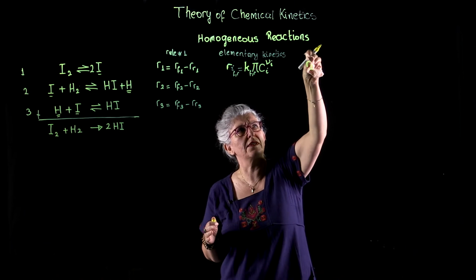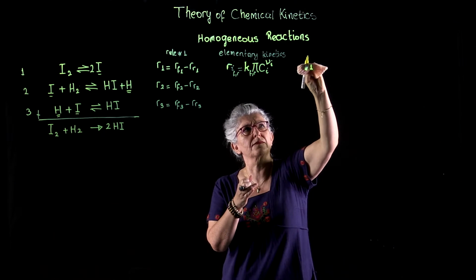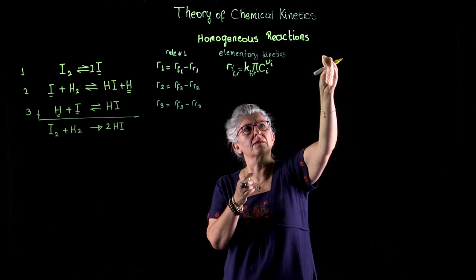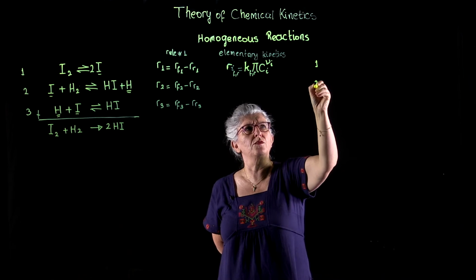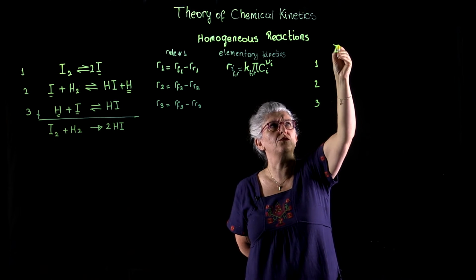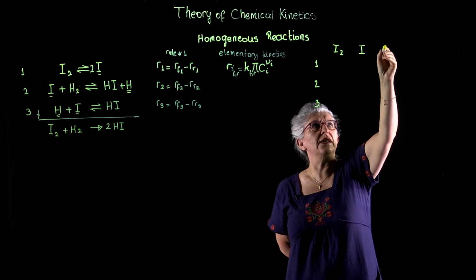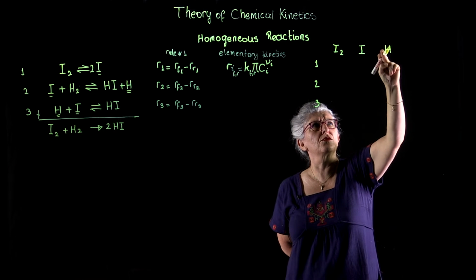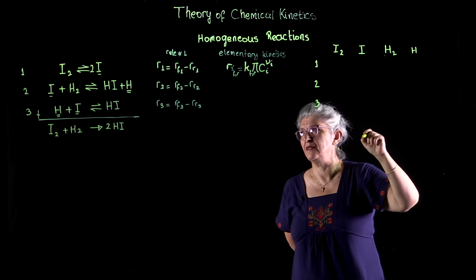Let us call these step 1, step 2, and step 3. So we have components as I2, I, H2, as they appear in the reaction network, H2, H, and HI.